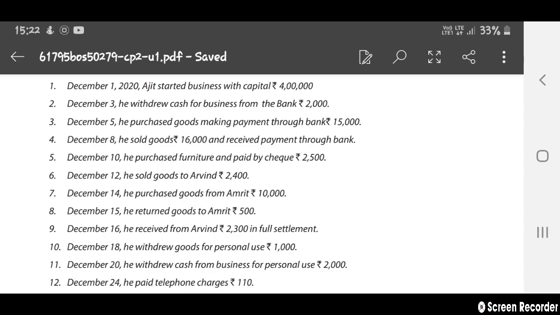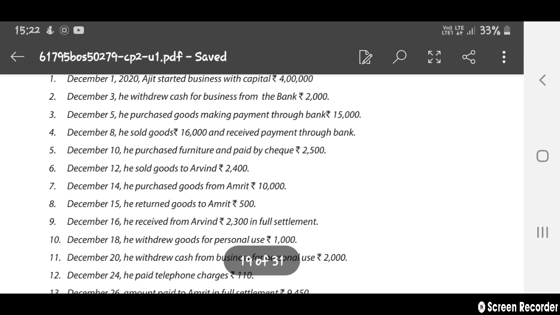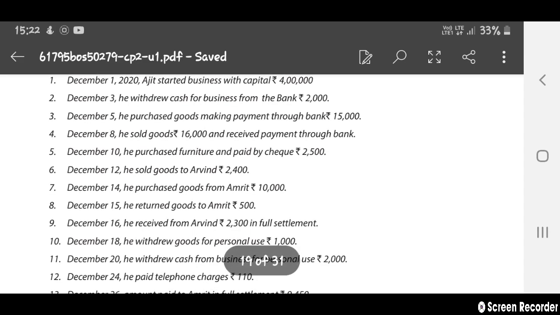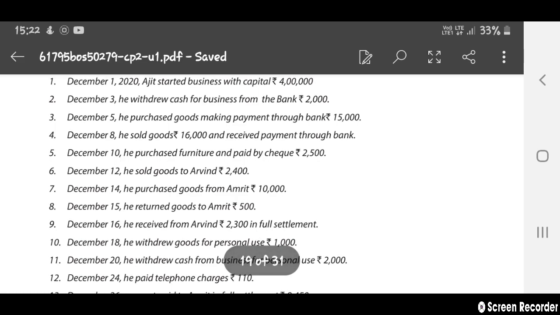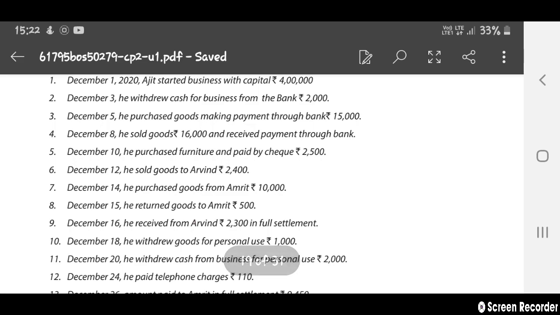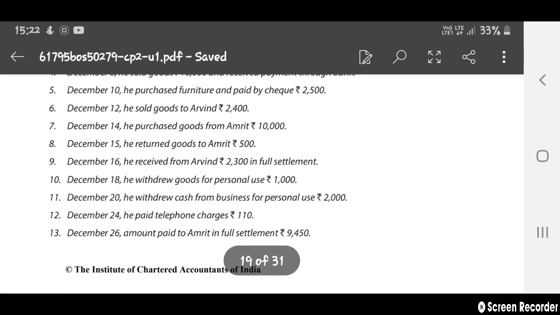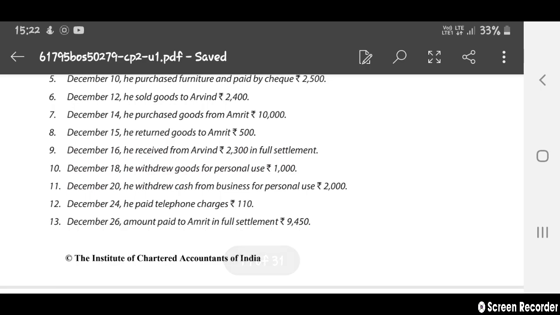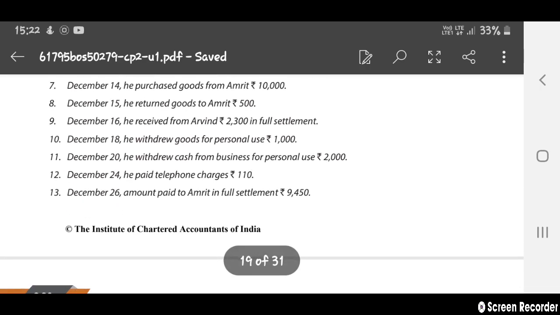Next, on December 12, he sold goods to Arvind for rupees 2400. On December 14, he purchased goods from Amrit for rupees 10,000, and on December 15, he returned goods to Amrit for rupees 500.